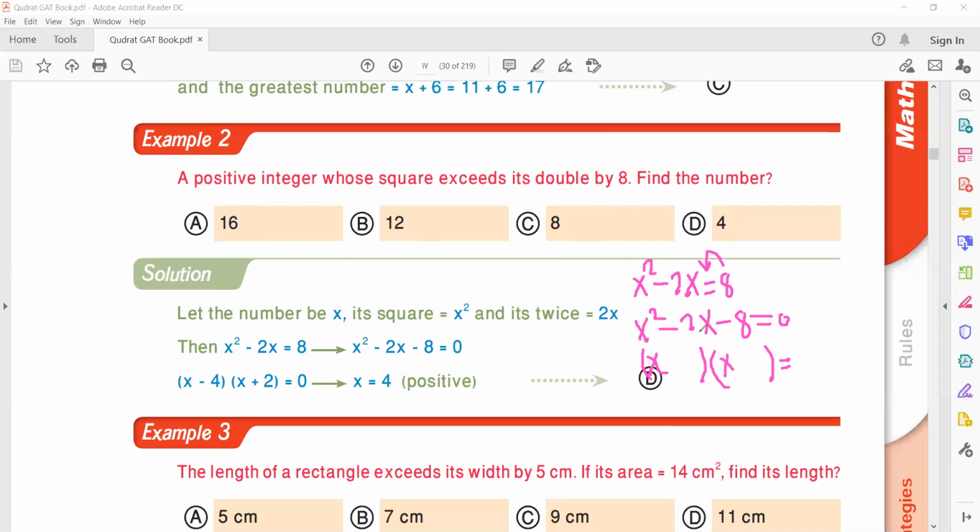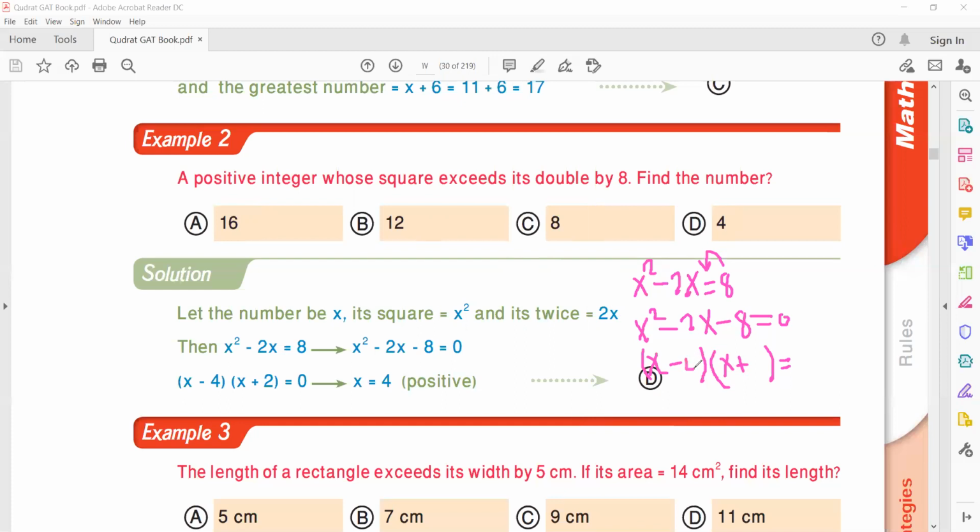If you have a negative product, one is negative and the other is positive. Now you give me two numbers whose product is 8 and whose difference gives 2.